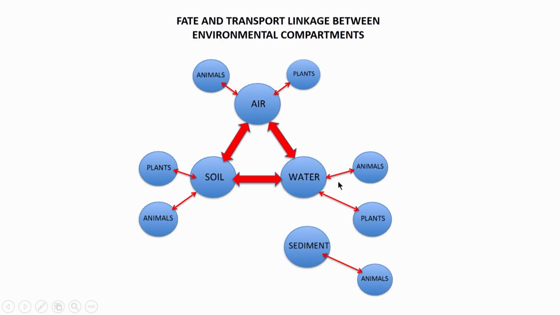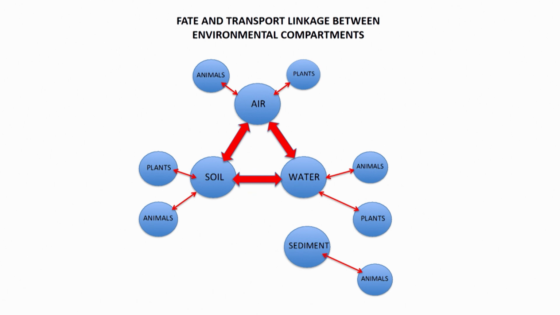This slide gives a comprehensive view of the linkages between different compartments in the environment for chemicals and exchange. Chemical exchange can happen between air and soil. If there is a chemical in air, it can get into soil by exchange. If it is in soil, it can evaporate and cause an air pollution problem.